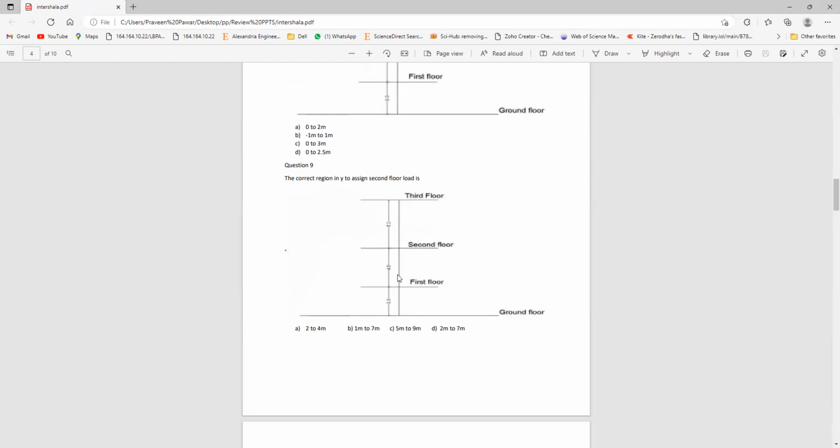Our initial value for the second floor will be after the 3 height, the first floor height, and after this height we have to consider the range. So here it is 2 to 7 meters, because the total height is 7. If I give 2 to 7, then it is okay.